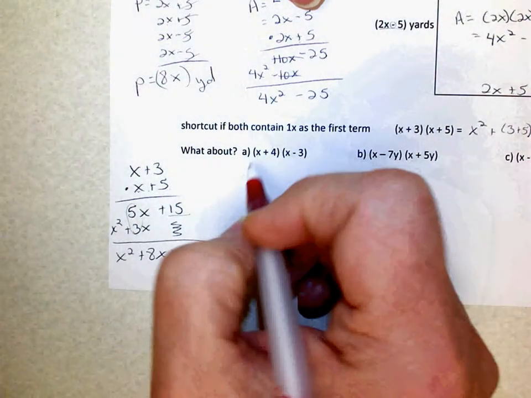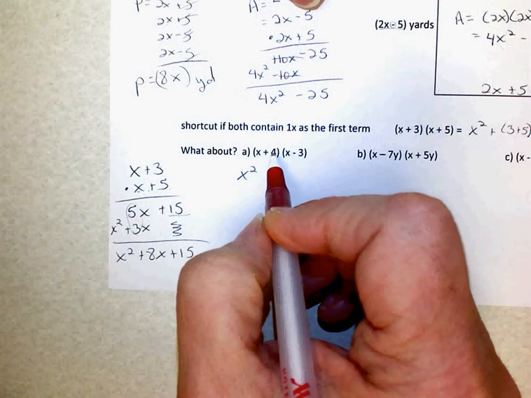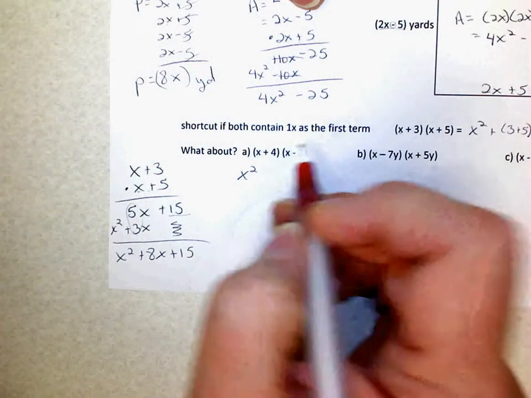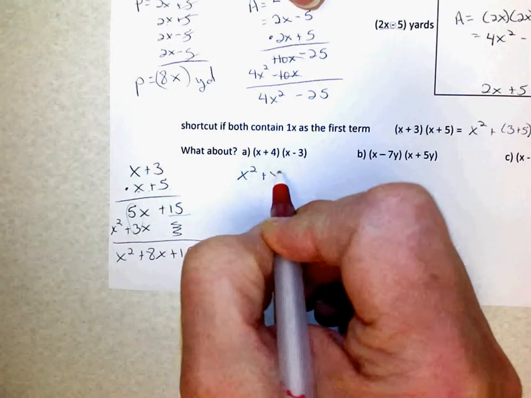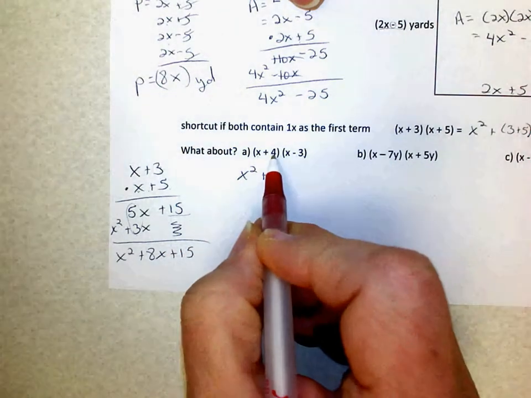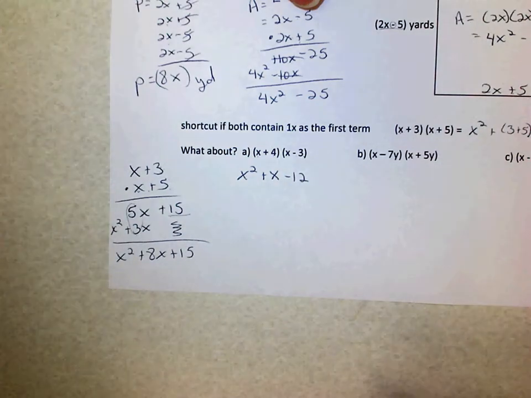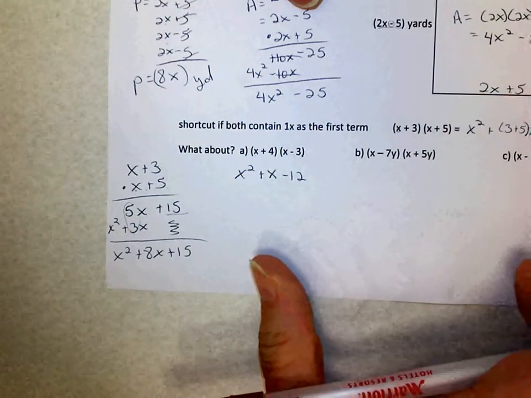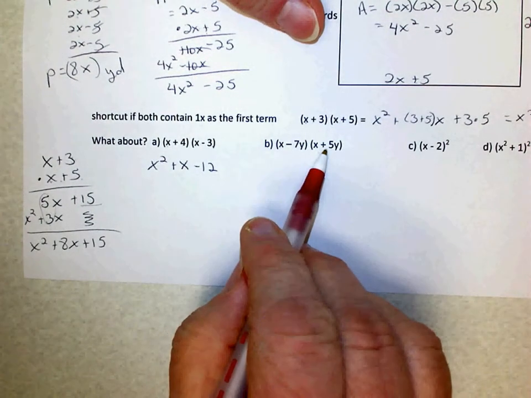So x times x is x squared. And I'm going to use this same shortcut. 4 minus 3 is positive 1. So, positive 1x. 4 times negative 3 is negative 12. Well, guess what? This one looks different, but it's still the same thing.